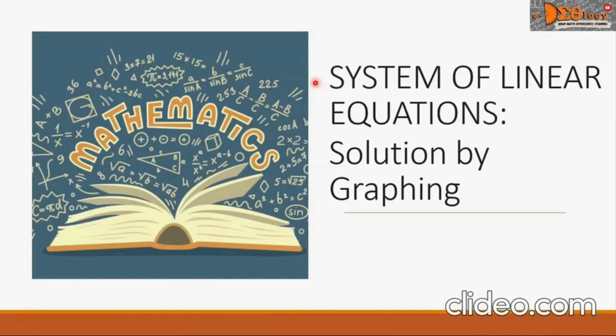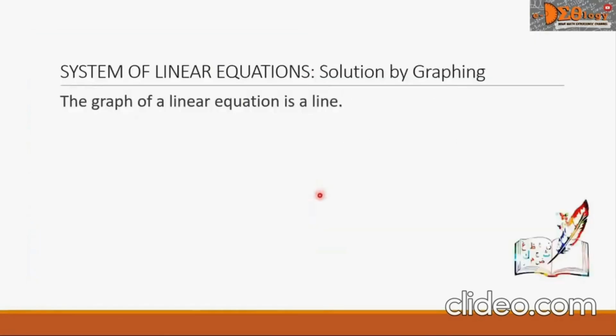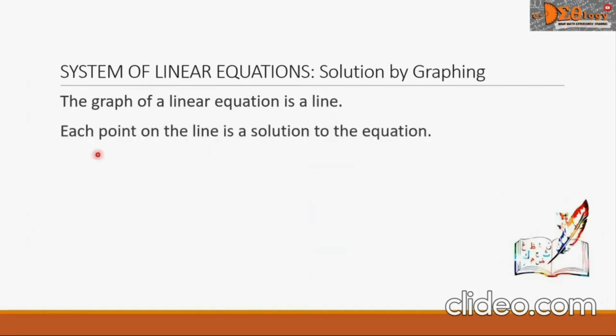Today we're going to study systems of linear equations, and we're going to solve them by graphing. The graph of a linear equation is a line. Each point on the line is a solution to the equation.